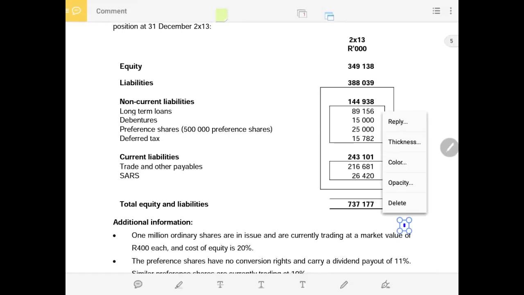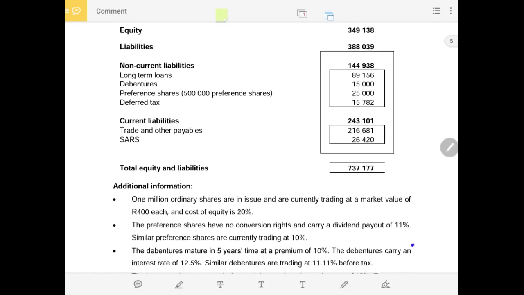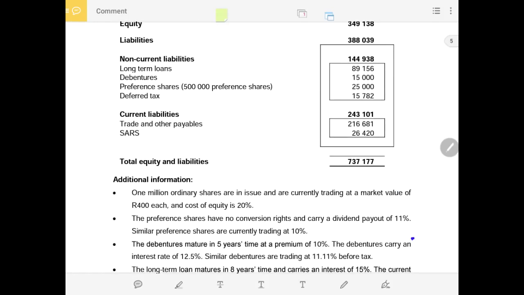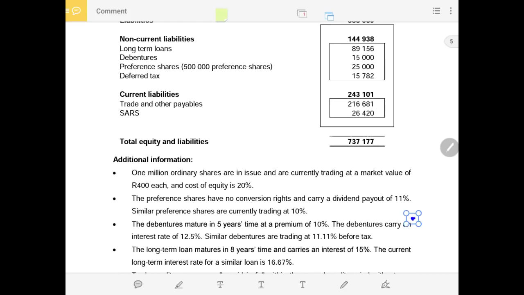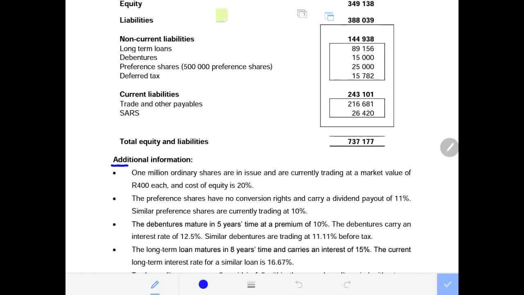Then below that, we have trade and other payables and SARS, which is tax that we owe to SARS. Then we have additional information, and it says 1 million ordinary shares are in issue and are currently trading at a market value of 400 Rand each.